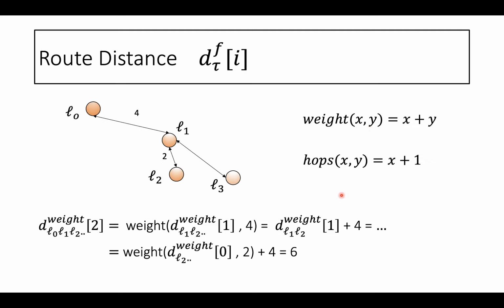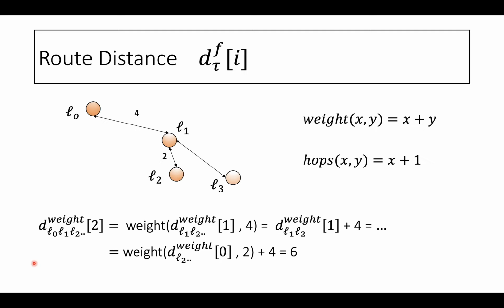Another possibility is, for example, the hops, where you're not going to sum the value in the edge, but you're just summing one for each edge. So what you're doing here is counting the number of hops that you have in the route.